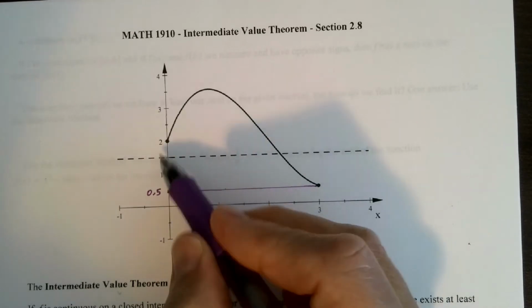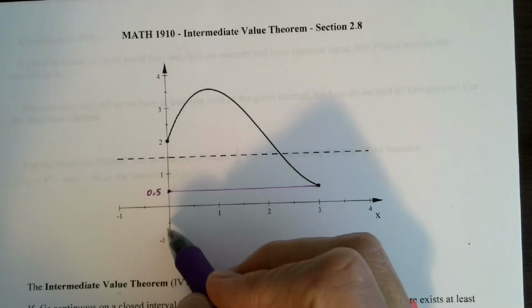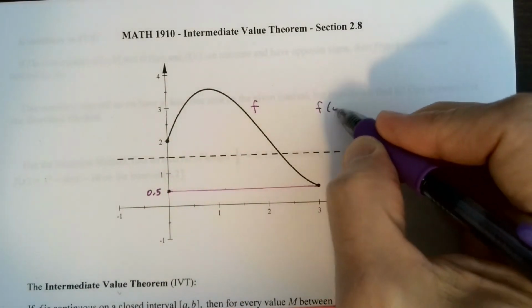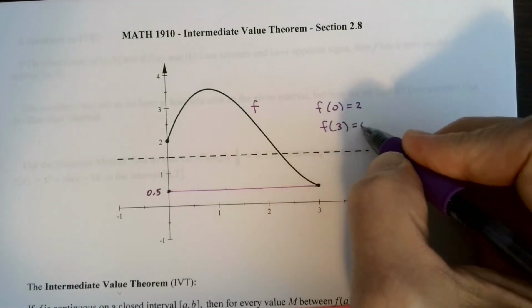So on the interval from 0 to 3, assuming this is the graph of the function f, f of 0 is 2, and f of 3 is 1/2.